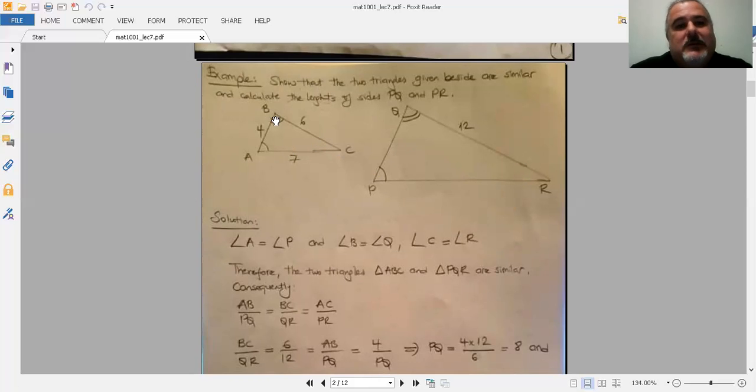So if this is 60, this is 50, this should be 70. If this is 60, this is 50, this should be 70 as well. So all these angles are equal. This one, B with Q, A with P, and R with C. These symbols are angle symbols.